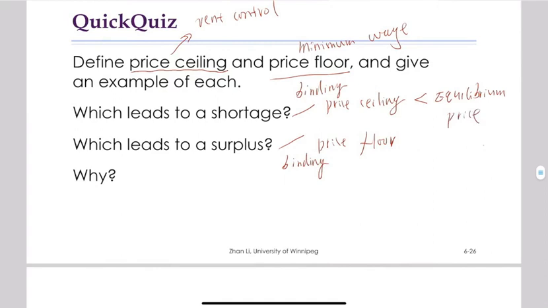And if a price floor is binding, then it is larger than the equilibrium price. When a price is smaller than the equilibrium price, there would be shortage. And if a price is larger than the equilibrium price, there would be surplus. So this will lead to surplus, and this will lead to shortage.